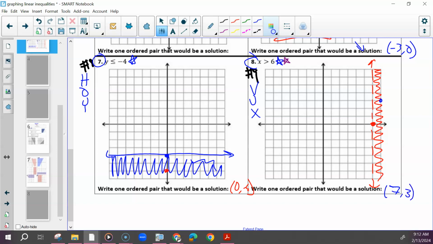If we were looking for points outside of this graph, a million would be great, because it would work. Really any y value and any x value past 7 or greater. Do we have any questions in general on how we graph linear inequalities? And we're going to get into writing, so we're going to flip the page.